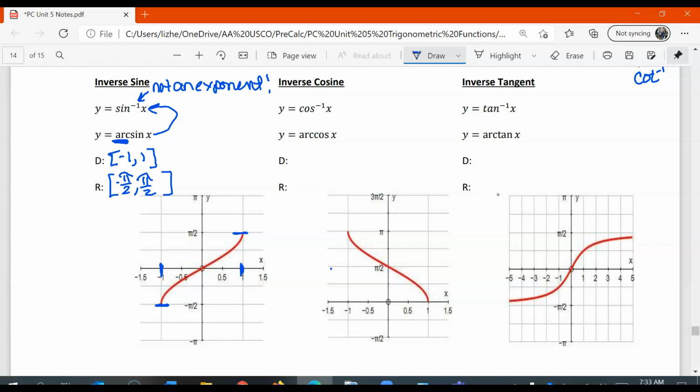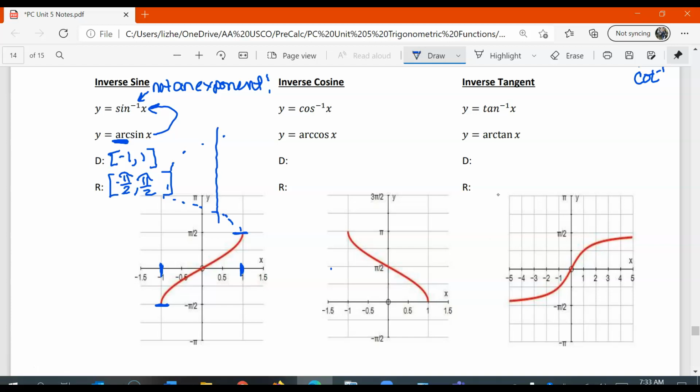Now, if we would continue this graph, because it's the inverse sine, remember, it would just go like this. It would come down and it would keep going. And it's that periodic sine graph. And so that would now not be a function. That would not pass the vertical line test.